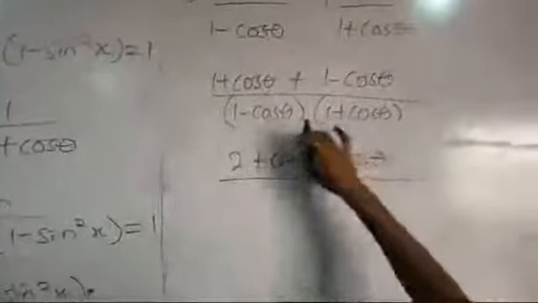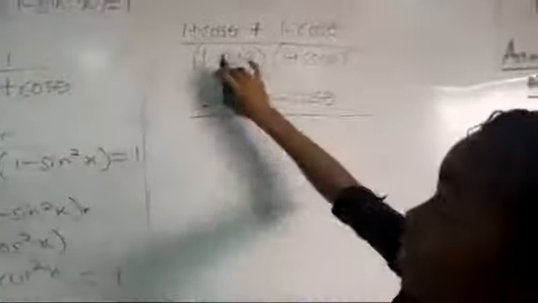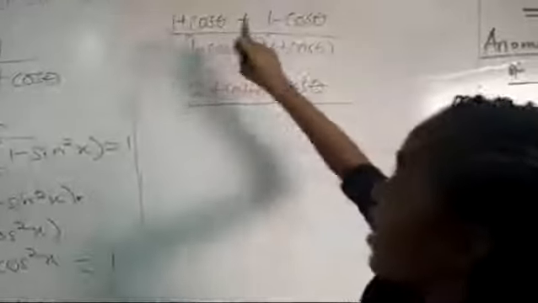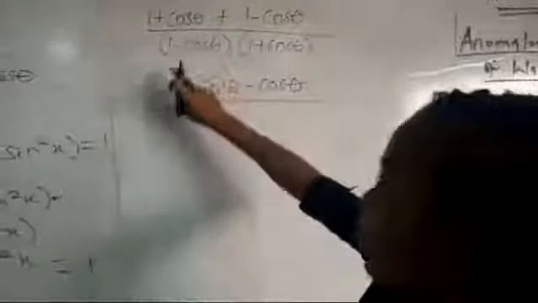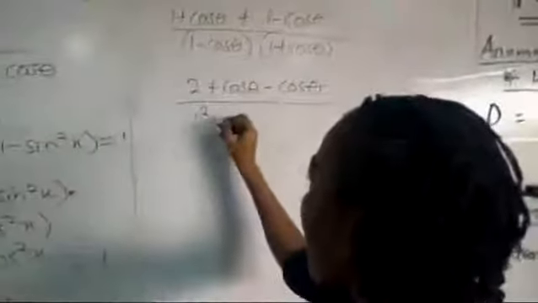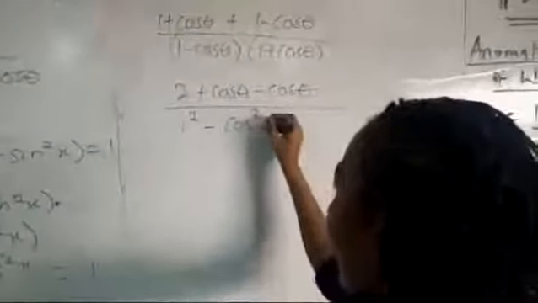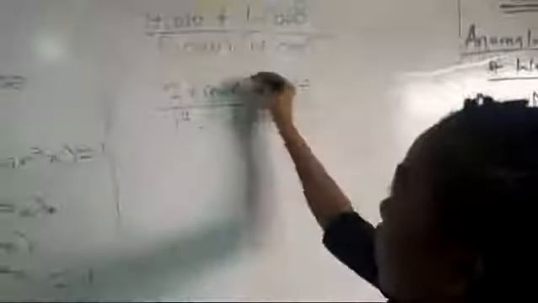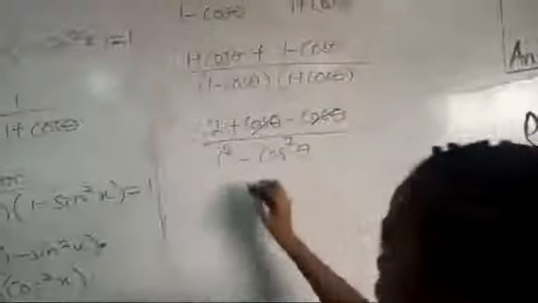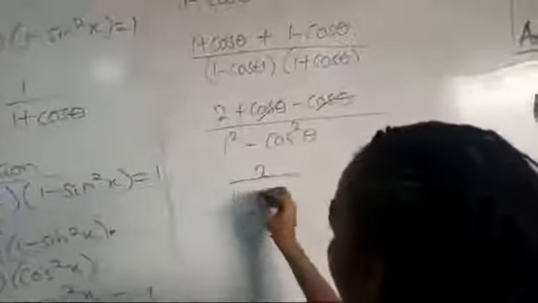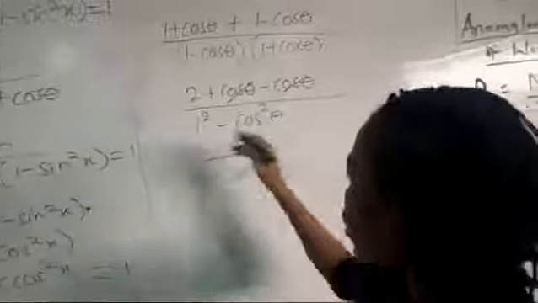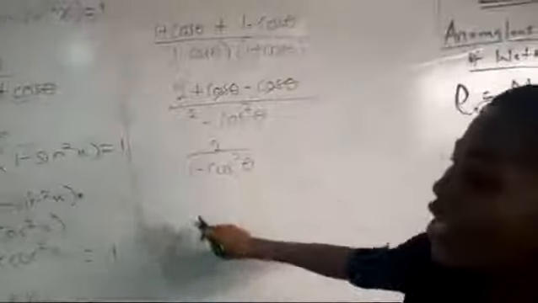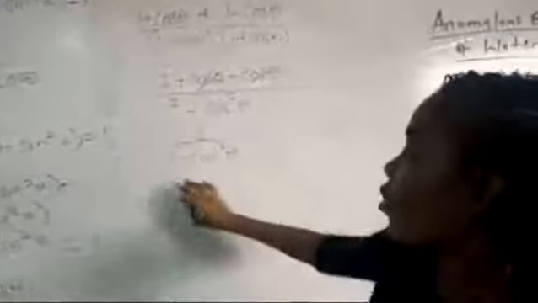Then this, just for us to multiply. Remember, I taught you a shortcut in doing this, that you square the first, then you minus, you square the second. So let's do it. This is 1 square minus cos square theta. So this takes care of this because this is minus. Then this is 2 over 1 minus cos square theta, because we know that 1 square is 1. Then from our identity, what can you relate to this? Here, this is sine squared theta.